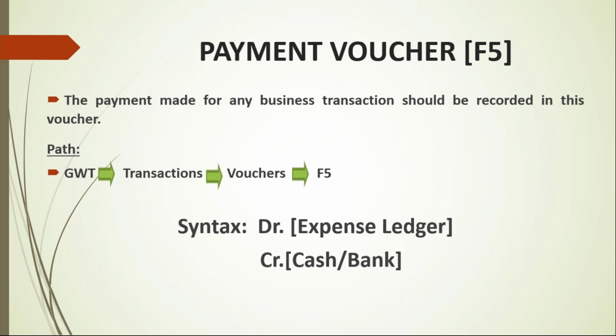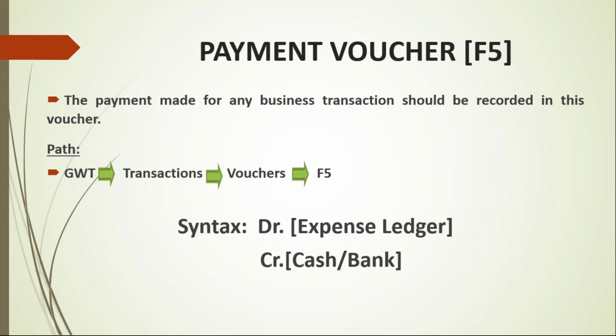Now contra voucher is used for cash and bank based entries only, right? For deposit, withdrawal and interbank transfer of cash and bank. Now if we go for a payment voucher, if I have to pay for any purchase of any asset, purchase of any stock, for that I can use a payment voucher. If I have to pay any tax, GST, TDS, or any other tax, I can use a payment voucher again.